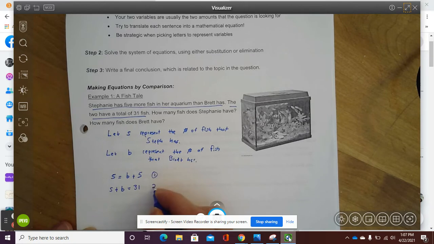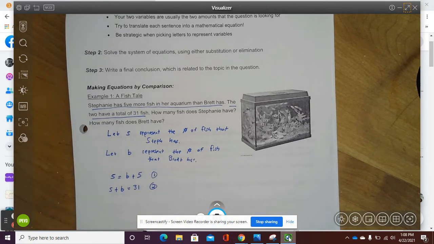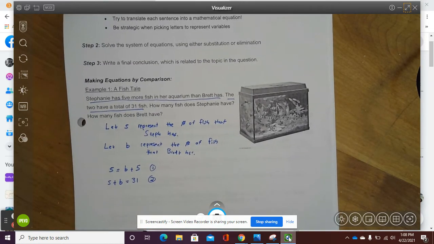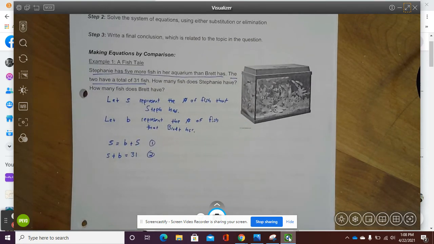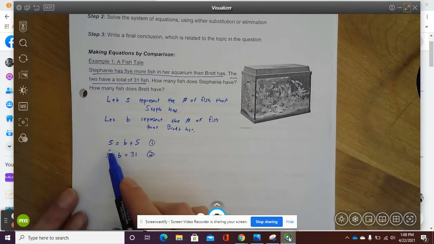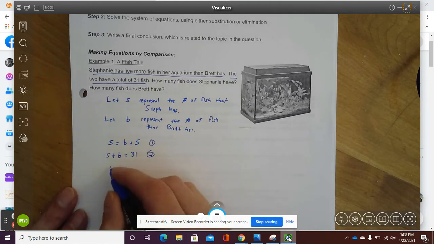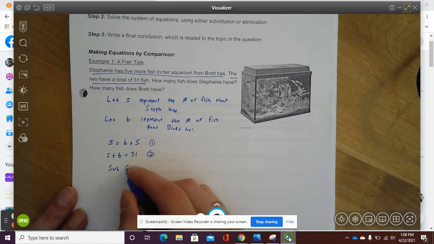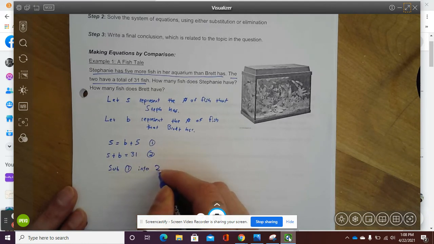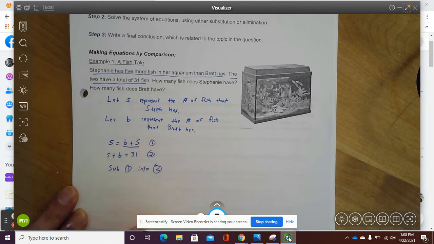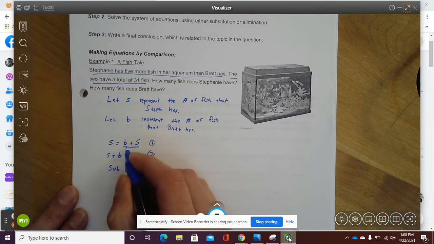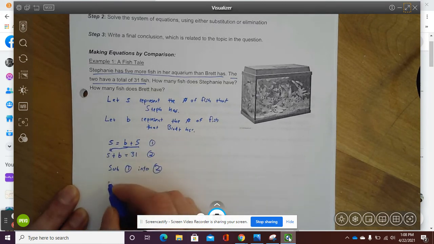So this is definitely the most challenging part of the problem, making our two equations. The easy part is actually solving. You can pick whatever you think will work better, elimination or substitution. In this case, S is already isolated in 1, so I think substitution makes sense. So I'm going to sub 1 into 2. I'm going to take this expression for S and use that to replace S in my second equation.